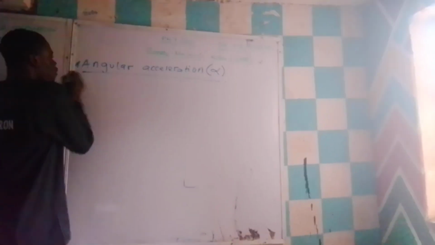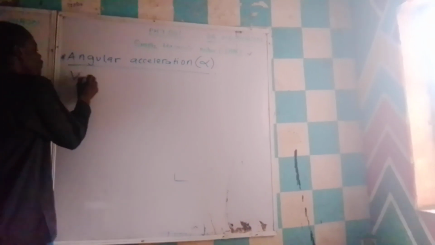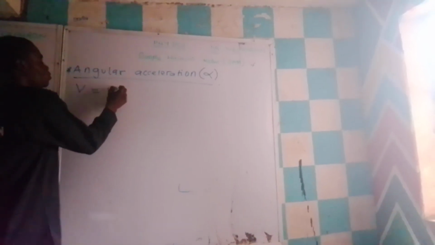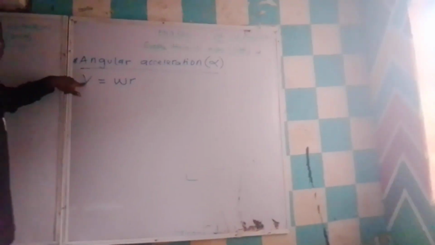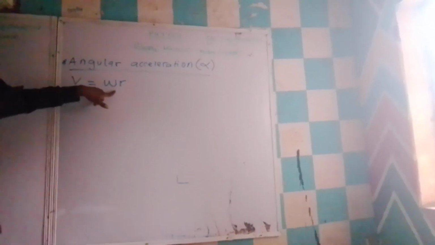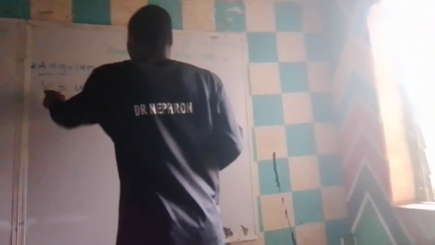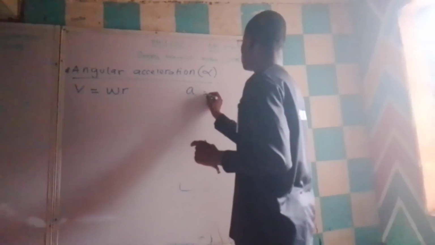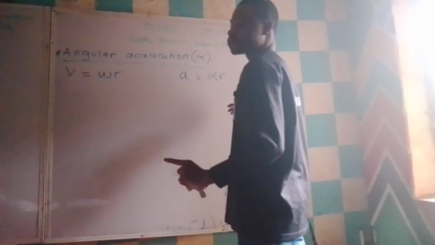Now, I have V equal to W R: linear velocity, angular velocity, radius. Definitely, I can also have linear acceleration equal to angular acceleration multiplied by radius.